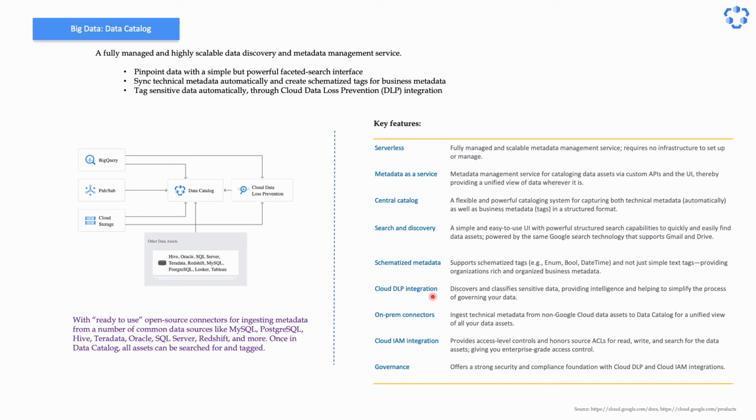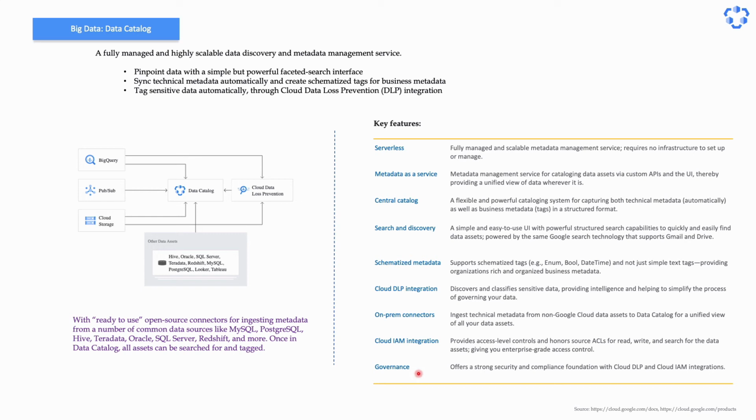It's got on-prem connectors, so you can ingest technical metadata from non-Google Cloud data assets, because that's what data catalog is about, to have the unified view of all of your data assets. It has a native cloud IAM integration and the governance, which offers a strong security and compliance foundation with Cloud DLP and Cloud IAM integrations.